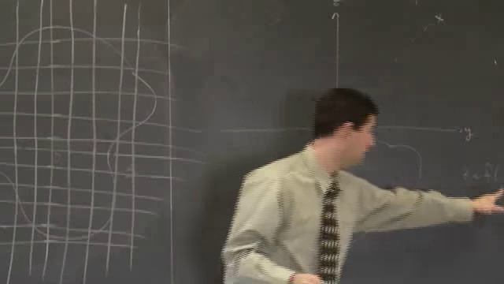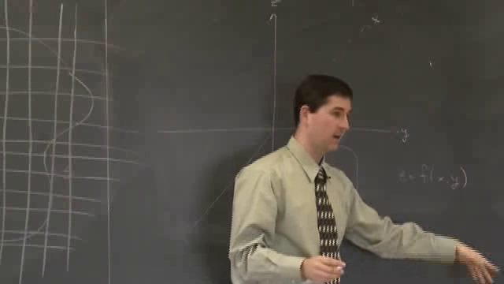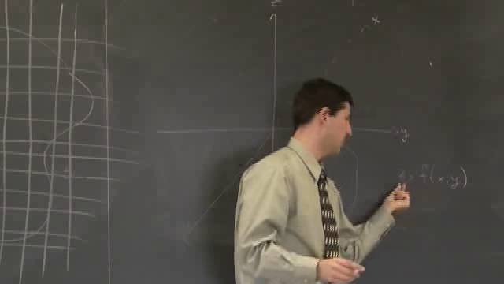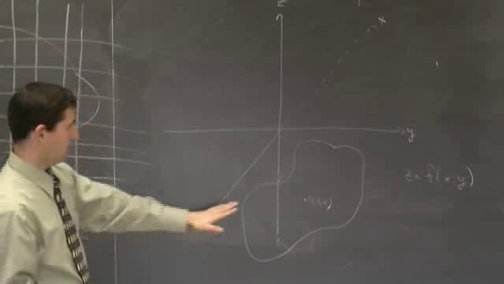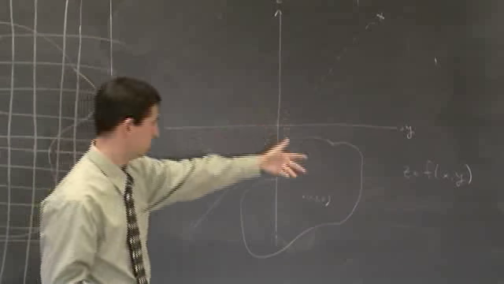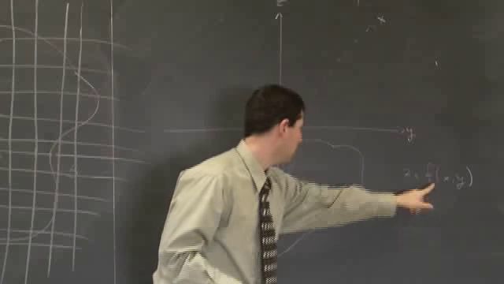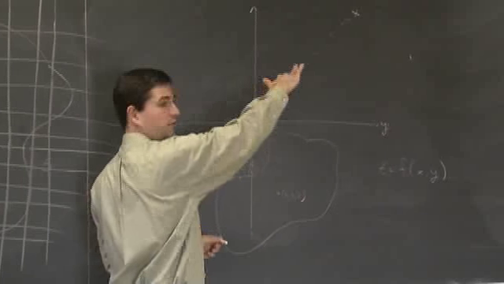It has two independent variables. I have to give you an x coordinate and a y coordinate, and this function will spit out a z coordinate. So for every point in this region, I just look at the x and the y, and it'll specify another z.